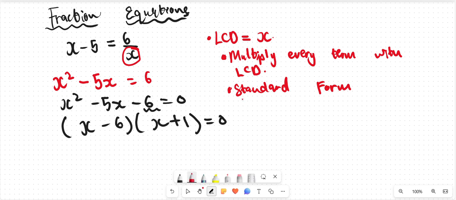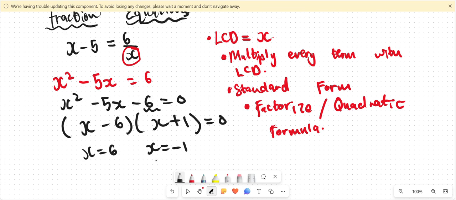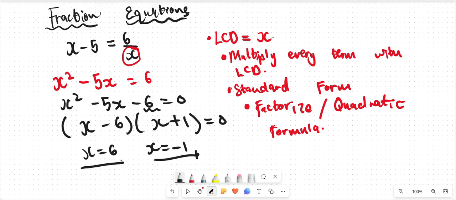So at this point, you can factorize it, or you could use your quadratic formula. I factorized, so at this point x is equal to 6 and x is equal to negative 1. Those are the 2 solutions that I should be getting.